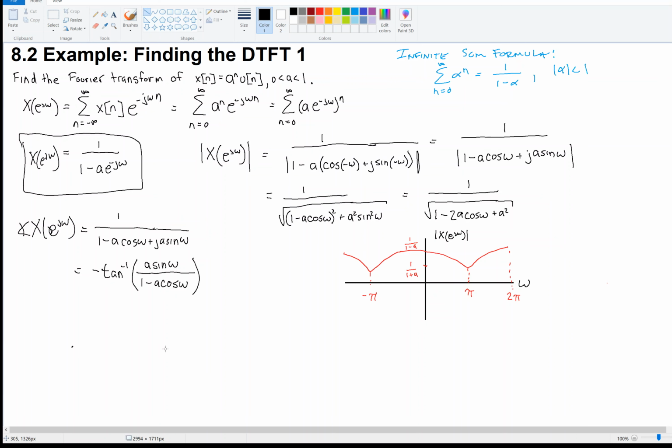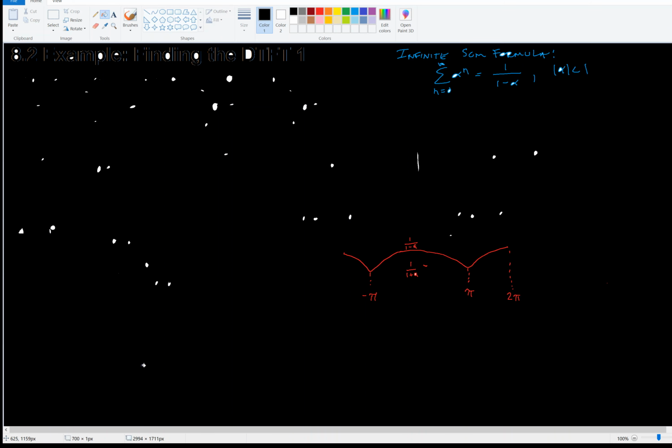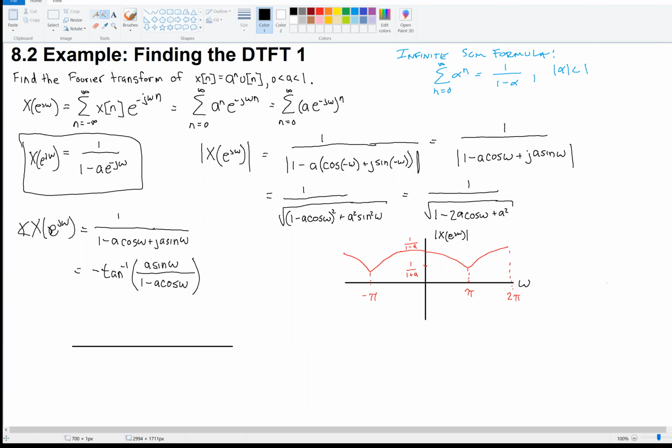Again, you don't need to really know what that would look like off the top of your head. I certainly do not. Whoa, paint bucket there. But we choose a value of a, and then we make a plot. We can use a calculator or whatever, and it's kind of a skewed function.